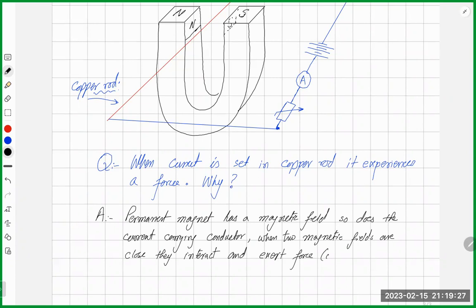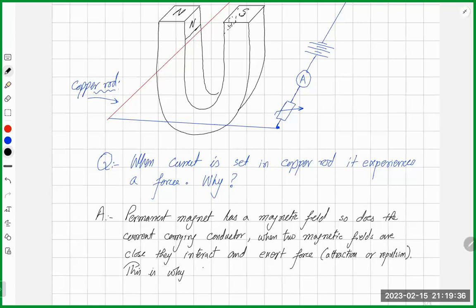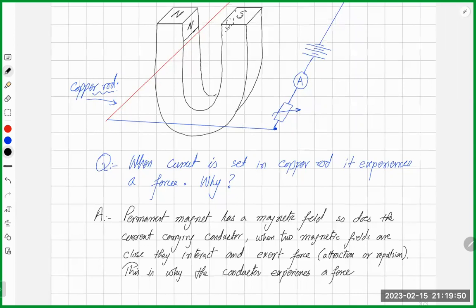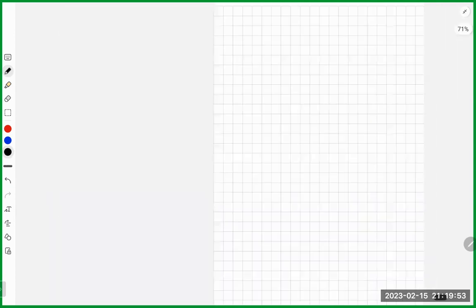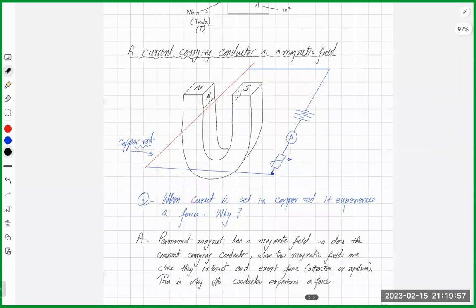This is why the conductor experiences the force. Now, this is how I will write the answer for this question.